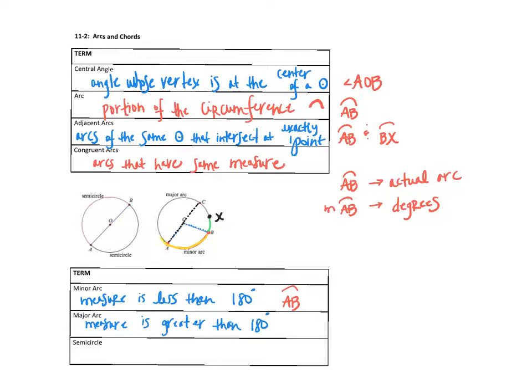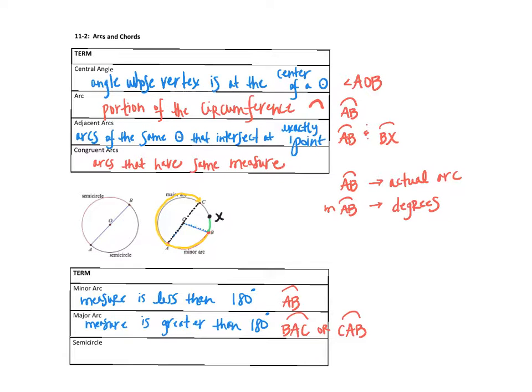We're going to go through A and all the way over to C. Well, how would we describe that? You could call it arc BAC, or you could call it arc CAB. You couldn't call it really anything else, but notice the measure of that is bigger than 180 degrees.